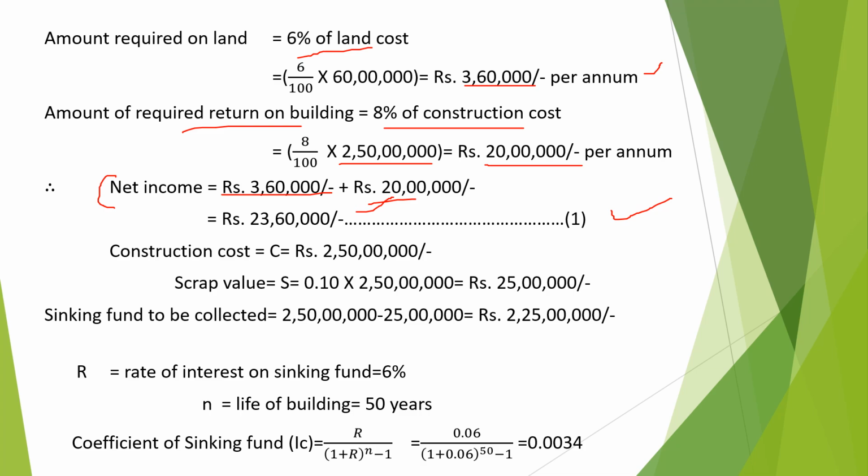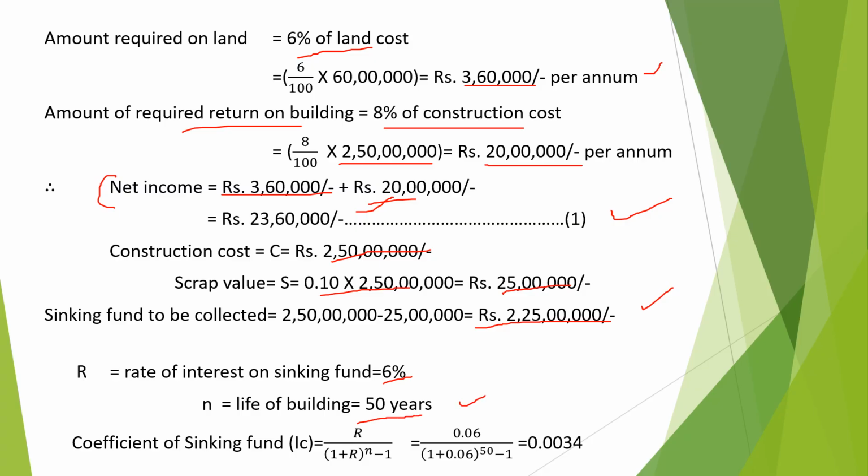Now we will calculate the sinking fund. The construction cost you know is 2 crore 50 lakh, out of which 10% is scrap value, meaning 25 lakh. So you are required to accumulate a sum of 2 crore 25 lakh as a sinking fund. The sinking fund rate is given as 6%, and the life of the building is given as 50 years.